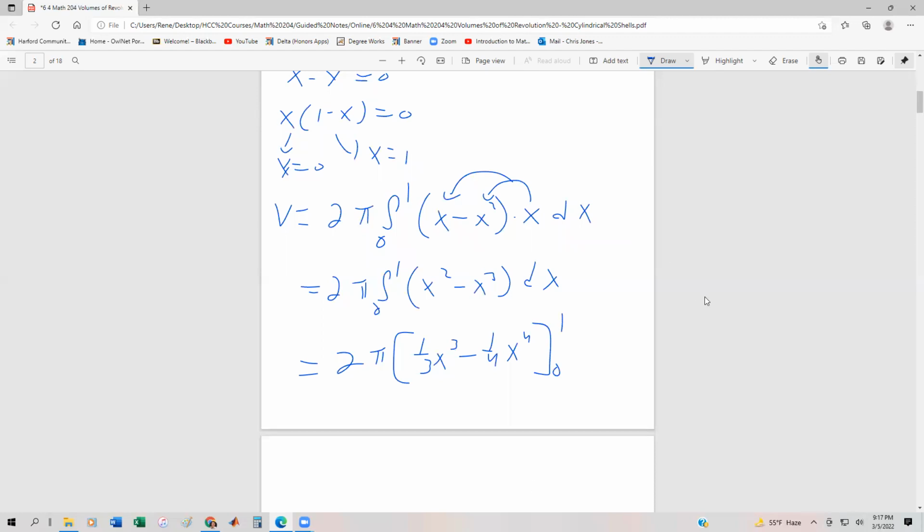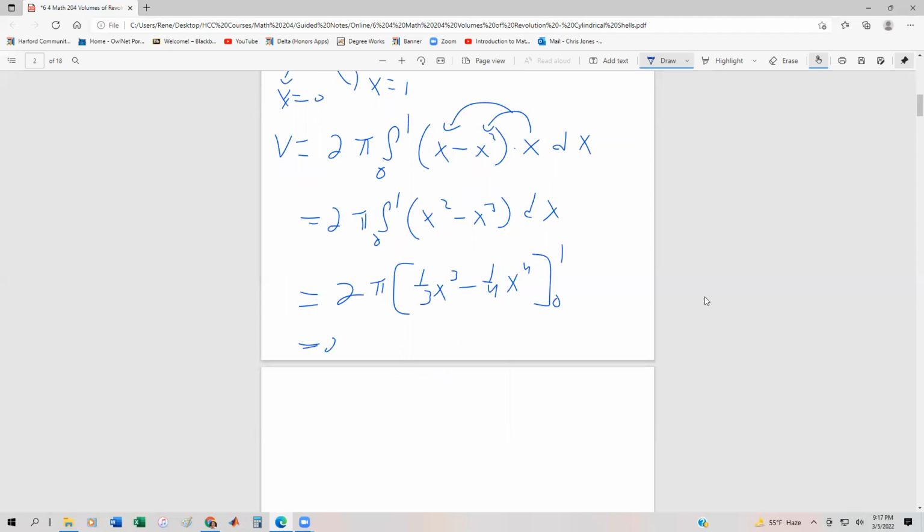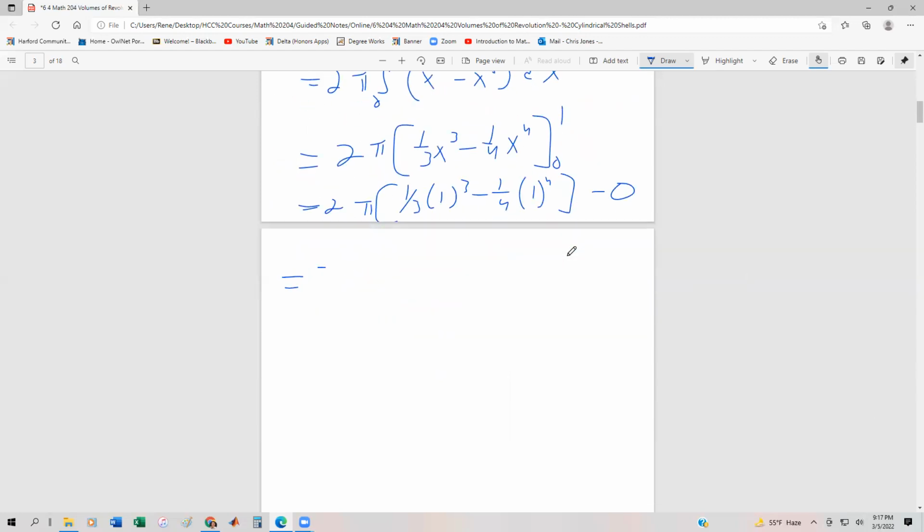Really nice that we have 0 and 1 in there. So this is now going to be 2 pi times 1/3 times 1 cubed minus 1/4 times 1 to the 4th. If we substitute 0, it turns into a 0. So really, we just end up with 2 pi times 1/3 minus 1/4.